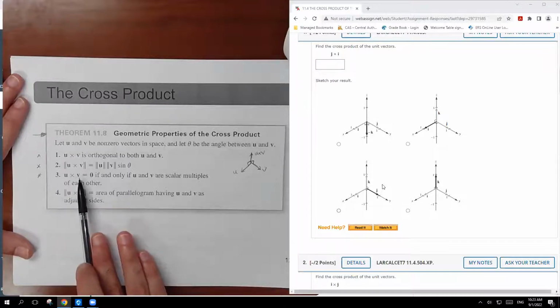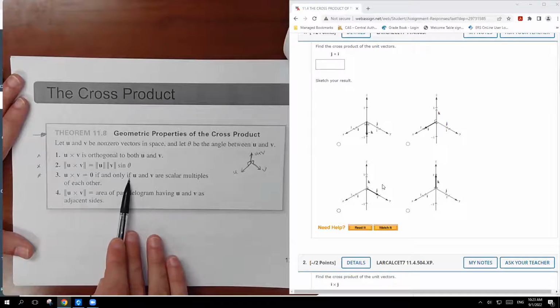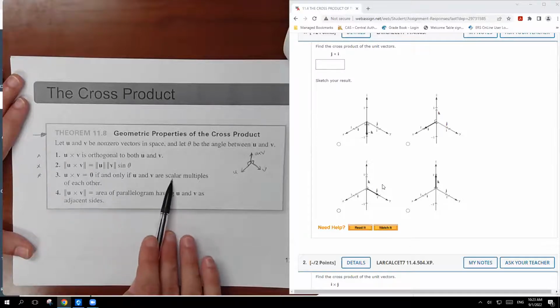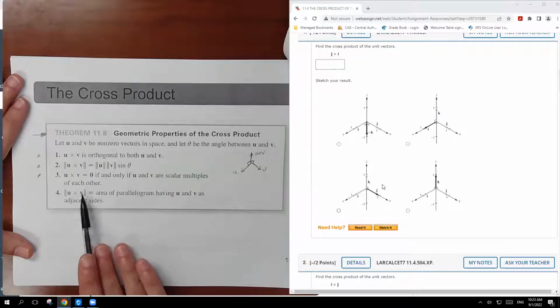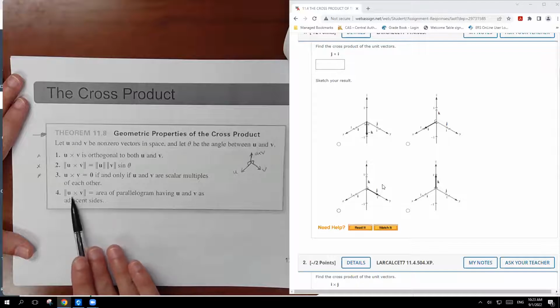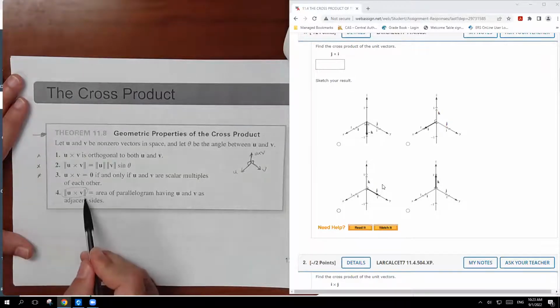U cross V equals 0 if and only if U and V are scalar multiples. The length of the cross product, this is really important.